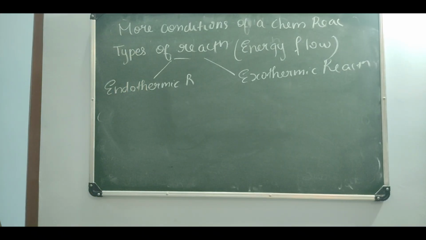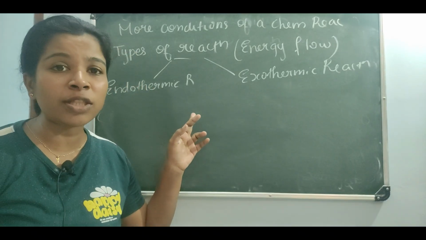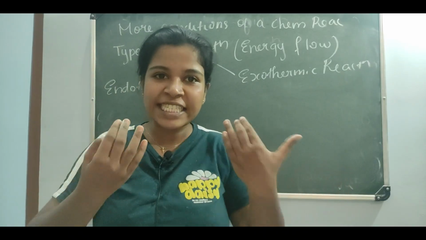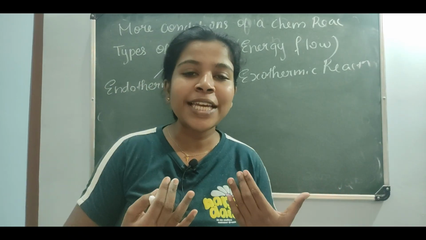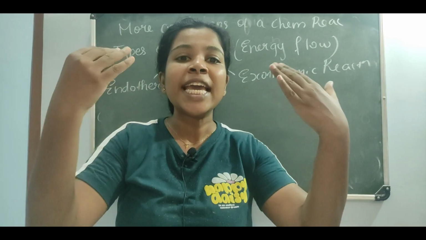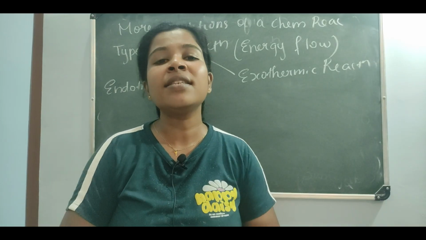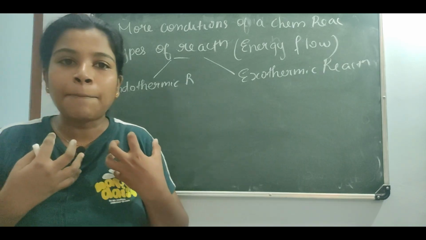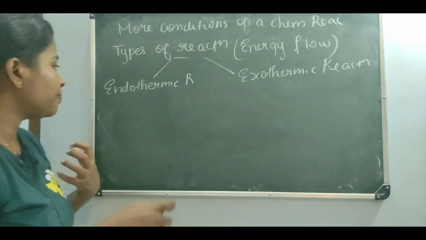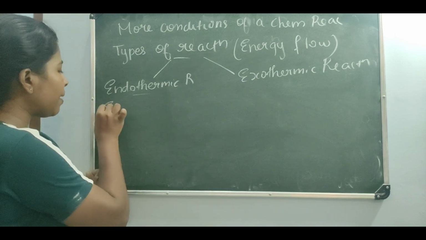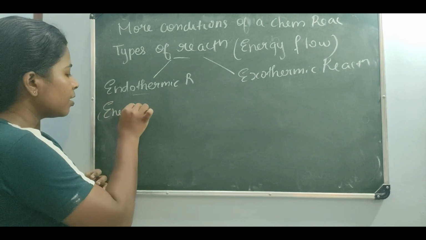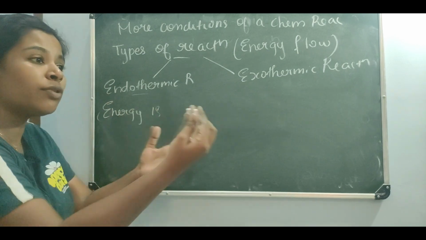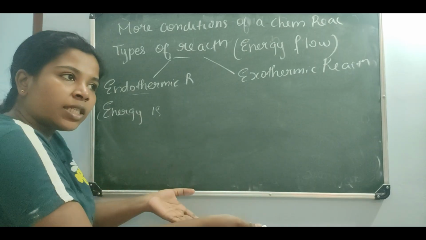Okay, now what will be endothermic? Endo, inside. So endothermic reactions are those reactions in which energy is absorbed. Okay, absorbed or energy is supplied, which means we have to supply energy, we have to give heat.